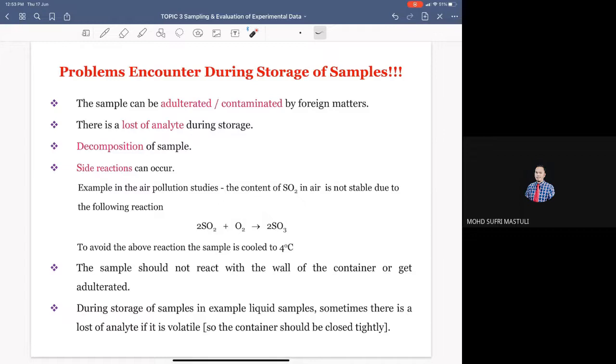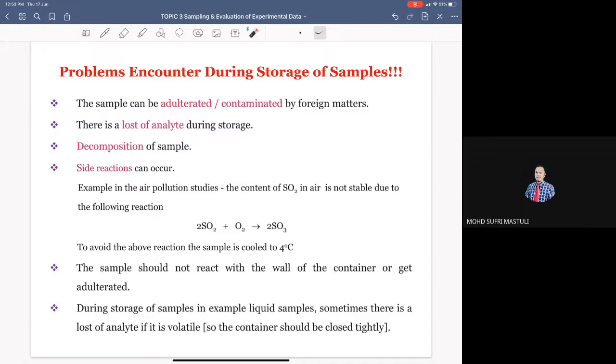We tend to lose analyte during the storage, or the sample can be decomposed, or there can be side reactions during storage. The sample should not react with the wall of the container, as that will cause contamination. This is why, for example, the acidic liquid we put in a glass bottle instead of a plastic bottle.